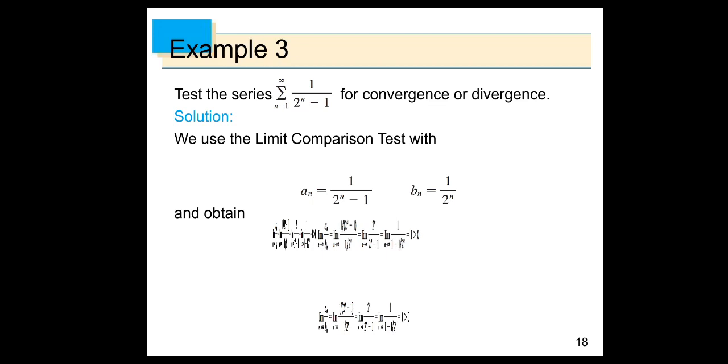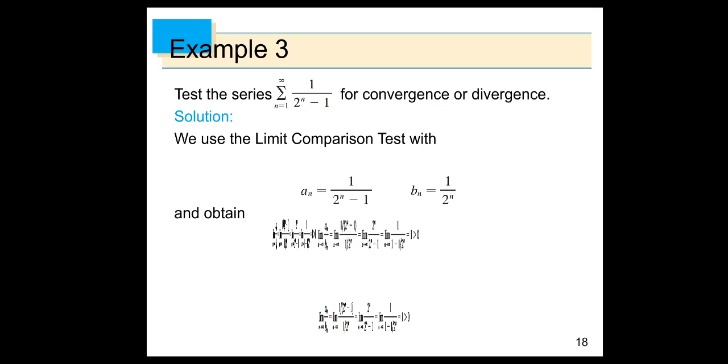You can see 1 by 2 power n minus 1 and 1 by 2 power n. So we will have the value 2 power n by 2 power n minus 1. When we solve this for the limit, we will see that it's equal to 1, right?